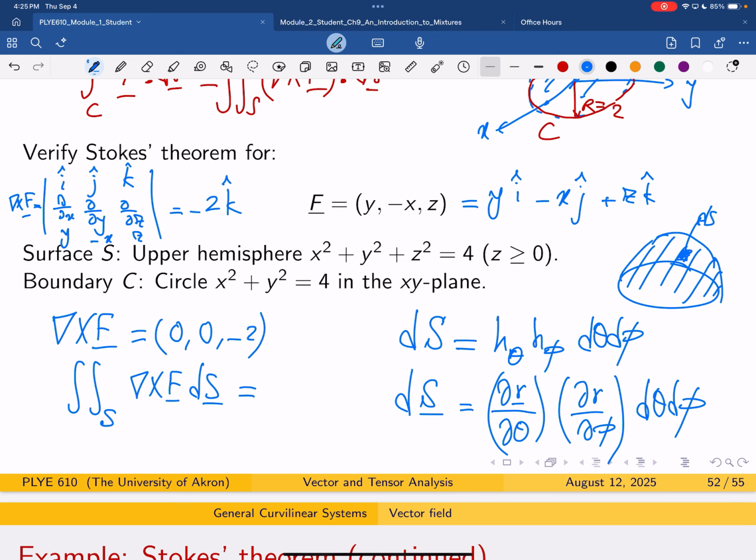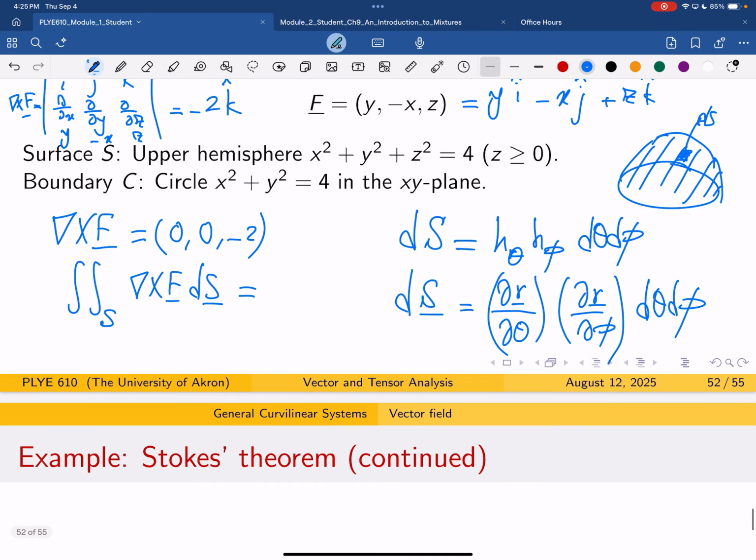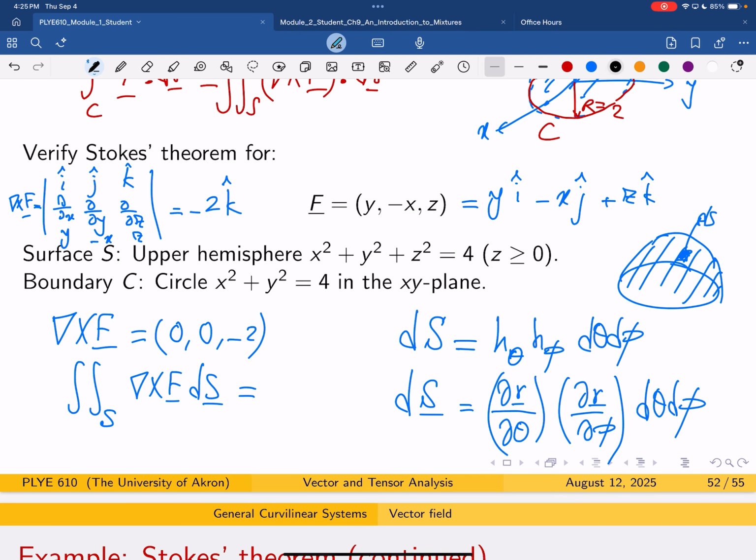And R here means, if this is my center, R is a position vector that goes to the surface. So how do you define R in this coordinate system?